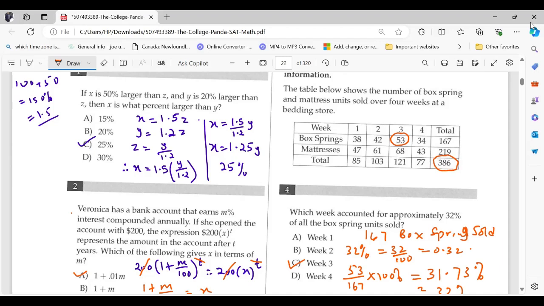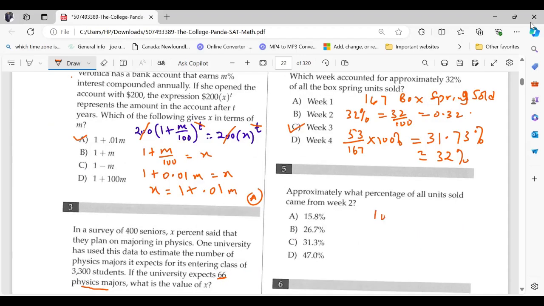Now, look at week 2. What percentage? Look at what was sold in total. All the units sold in week 2, 103. We're going to write 103 as a percentage of 386. 103 was sold in week 2 out of 386 for all the weeks.